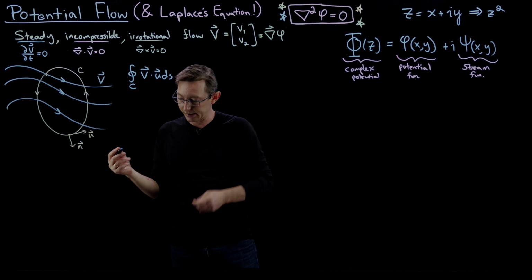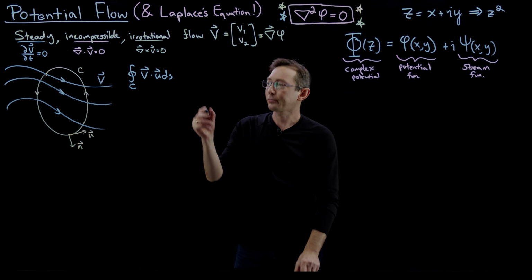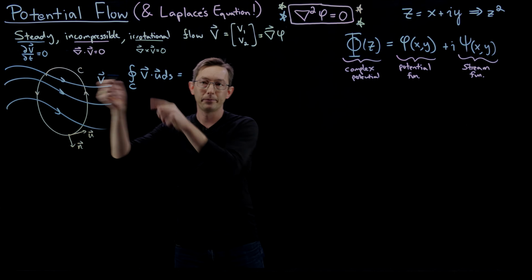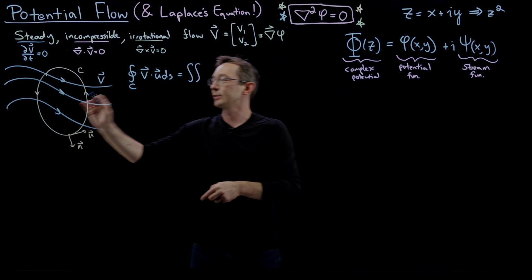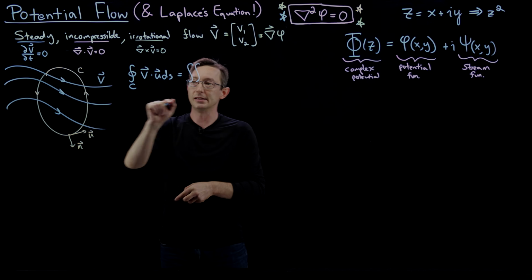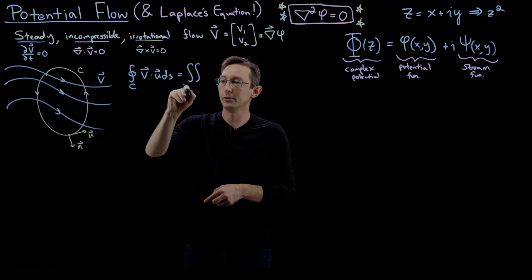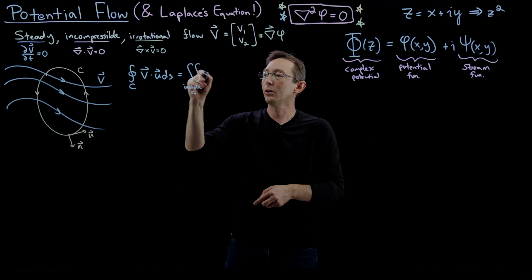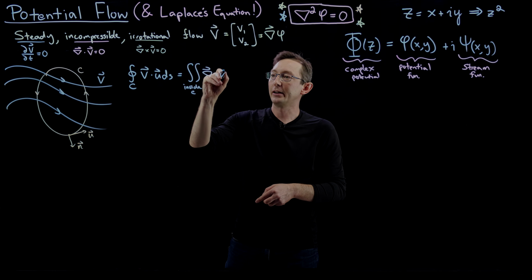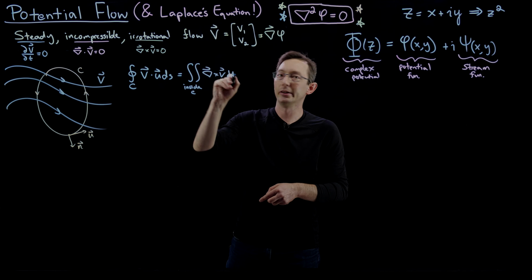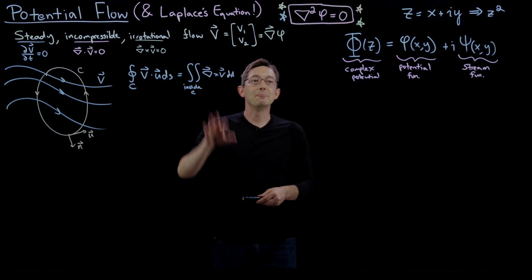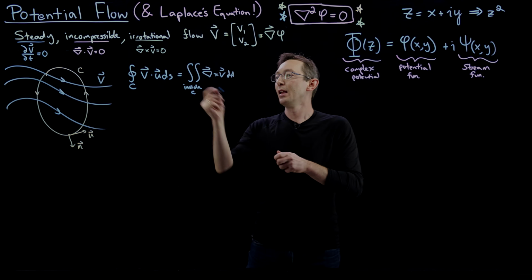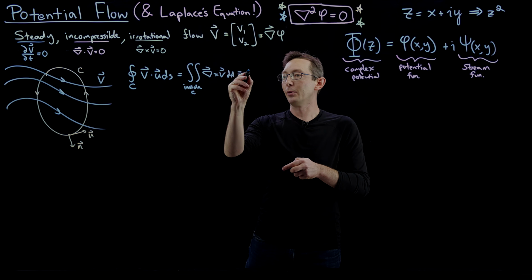So by Stokes' theorem, this contour integral is equal to a surface integral inside of C of the curl of my vector field V times every little area element. And again, because we know that this is an irrotational flow by construction, this curl is 0 everywhere.